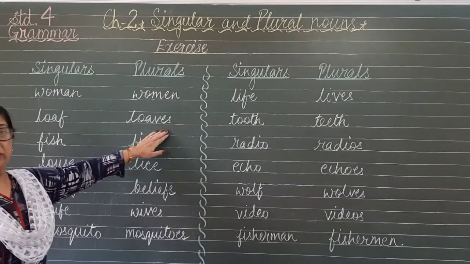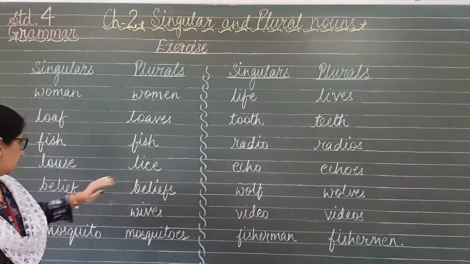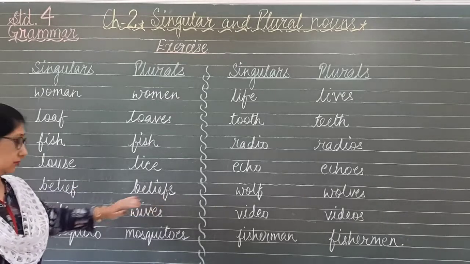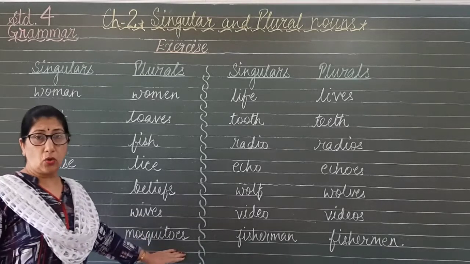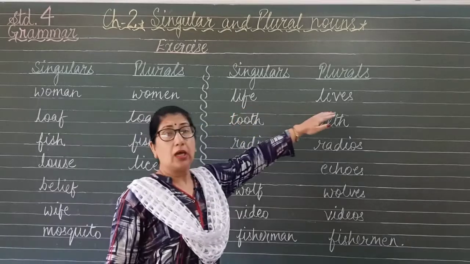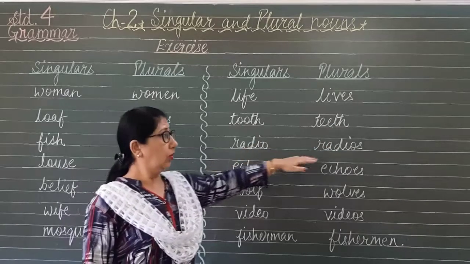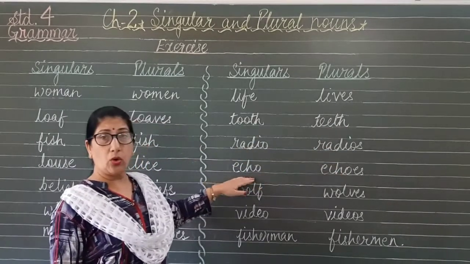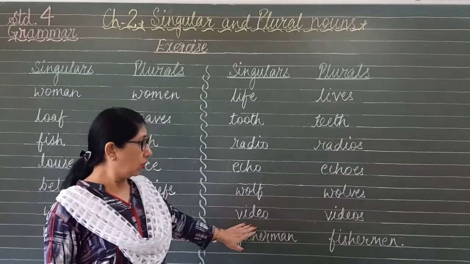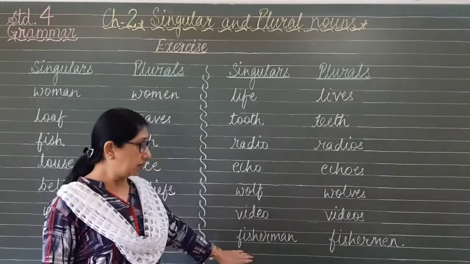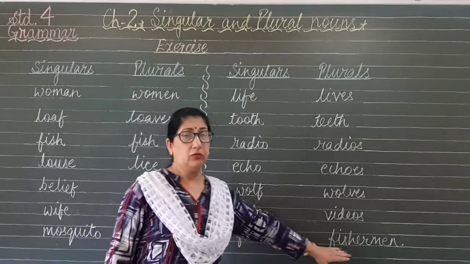Loaf, loaves, fish, fish, louse, lice, belief, beliefs, wife, wives, mosquito, mosquitoes, life, lives, tooth, teeth, radio, radios, echo, echoes, wolf, wolves, video, videos, fisherman is known as fishermen in plural, fisherman, fishermen.